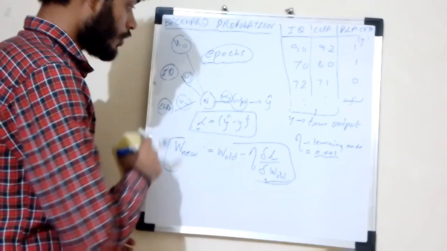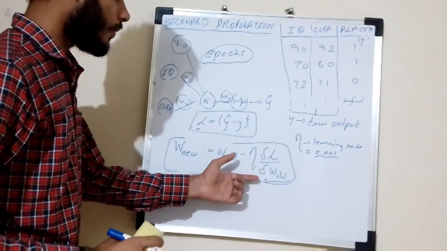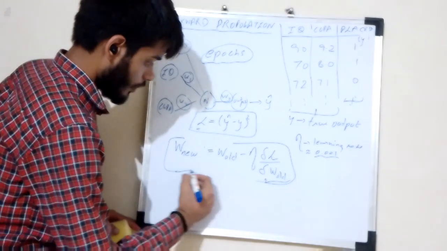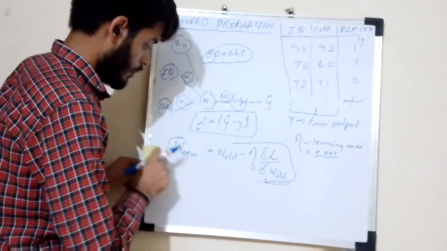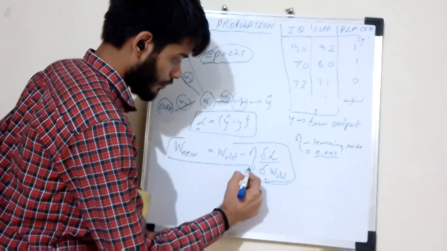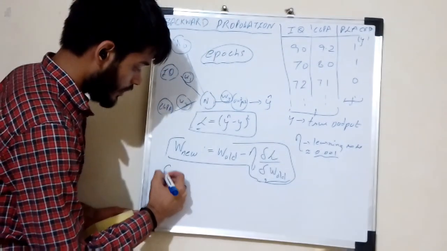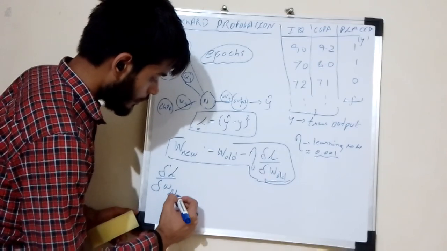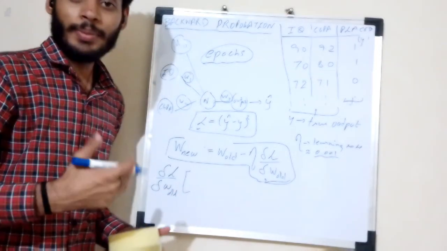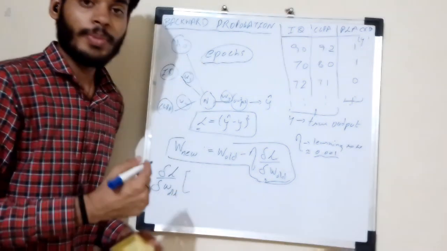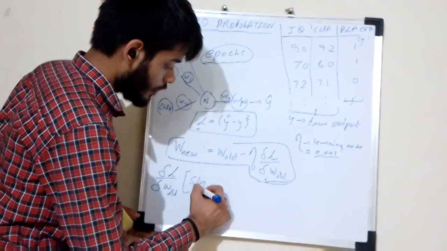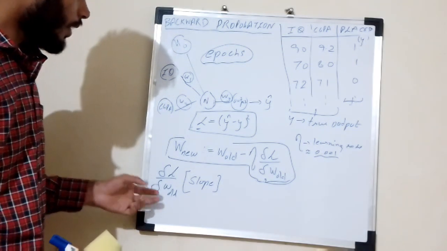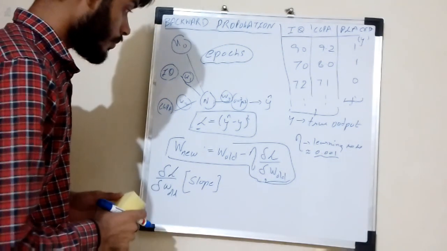From mathematics we know that a derivative is nothing but a slope.